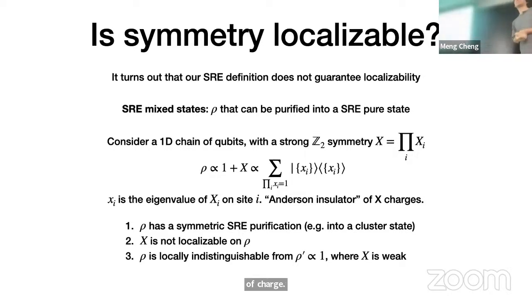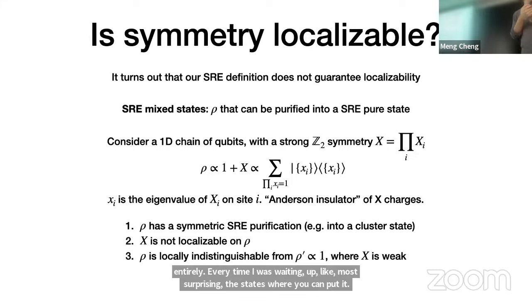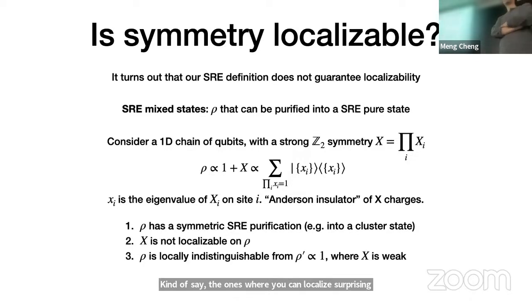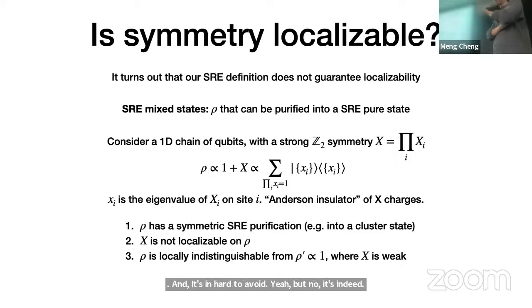But doesn't it almost raise the opposite? It's almost surprising that there's a state where you can localize, because you should generally expect to always have to use the environment once you bring in the short-range entangled purified state and then localize. It seems hard to avoid using the environment. Yeah, but it's hard not to use the environment at all.